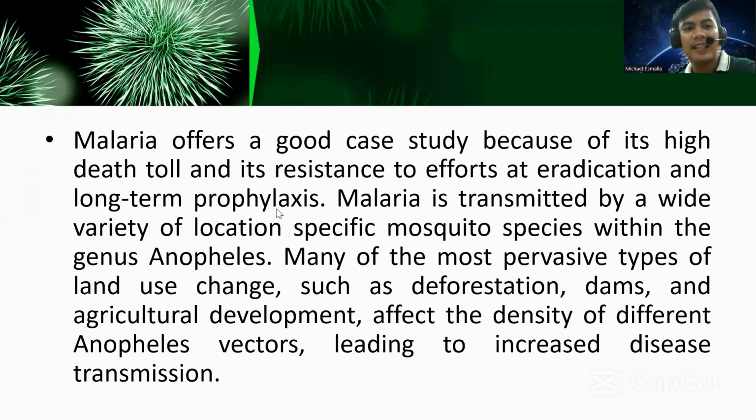Prophylaxis, guys, is the process by which an organism becomes immune to any chemical exposure. So if you try to eradicate malaria, they will just adapt to the chemicals that we apply, and then they become resistant to those chemicals. So that's why we usually use malaria, because aside from its high death toll, it's kind of interesting.